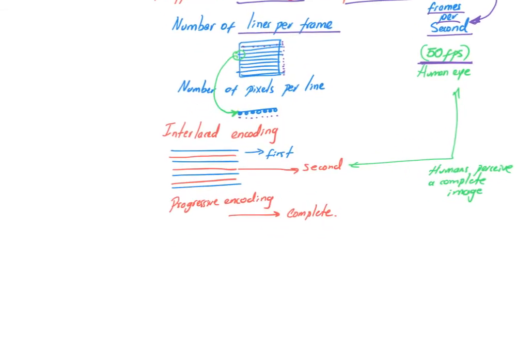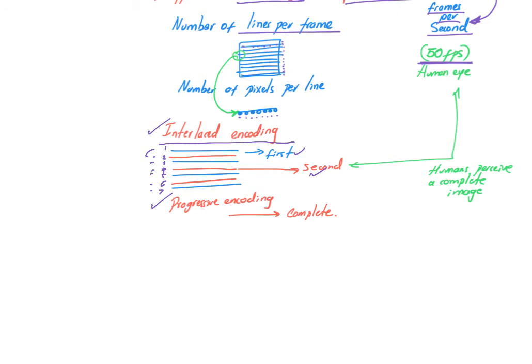Now, there are two main methods, the interlaced and the progressive. The interlaced is using this idea: I'm going to number these lines, and I'm going to trick the eye. For one particular moment in time I'm going to present just the odd lines of the screen, and for the next moment I'm going to present the even lines.